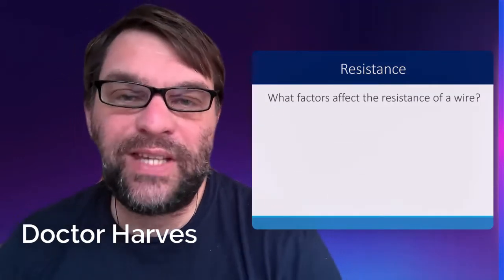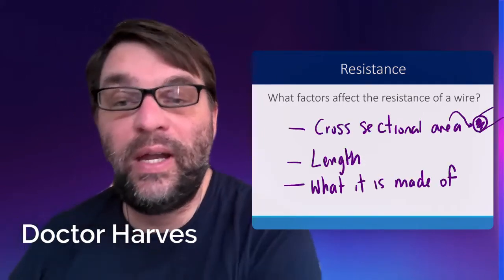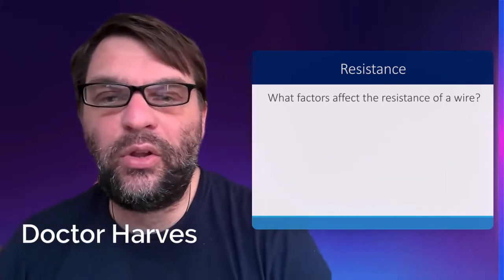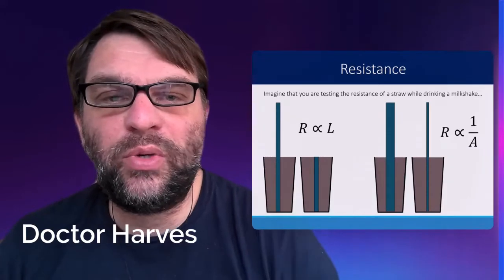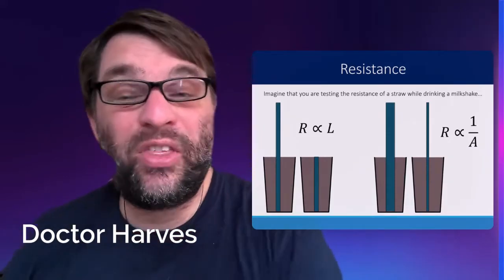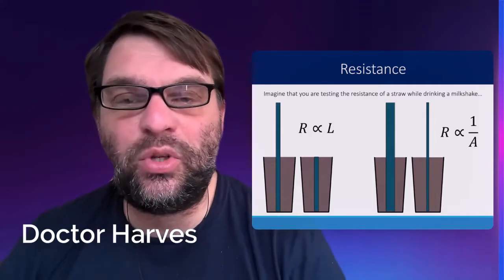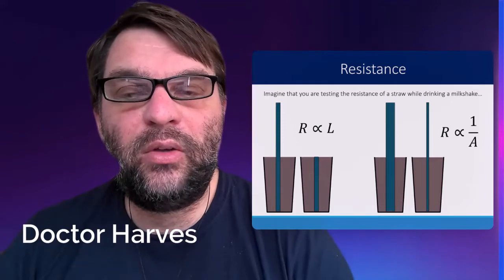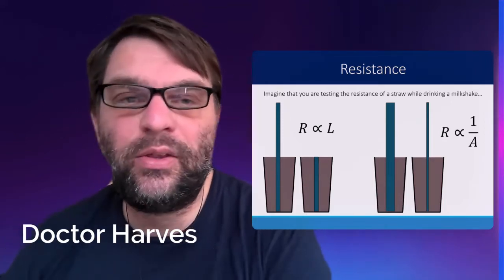And finally, looking at resistance, what affects the resistance of a wire? That will be the cross-sectional area, the length of the wire, and the material, and that's related to a concept called resistivity. The way I think about it is sucking milkshake out of a milkshake container with a straw. The longer the straw, the harder it is, so resistance is proportional to the length.